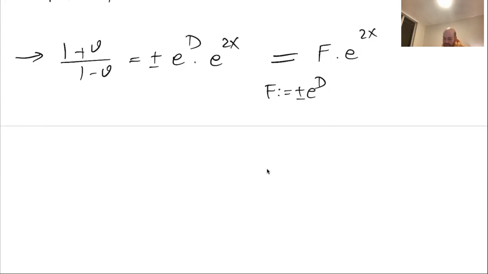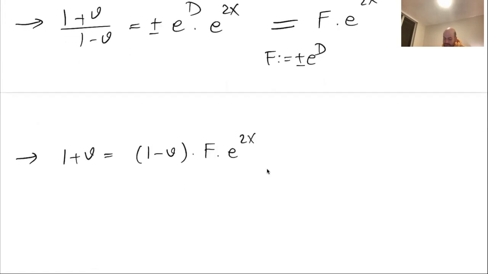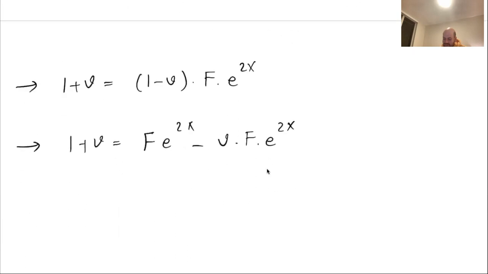And then if I cross multiply, 1 plus v equals 1 minus v times f e to power 2x. And that means 1 plus v equals f e to power 2x minus v f e to power 2x.